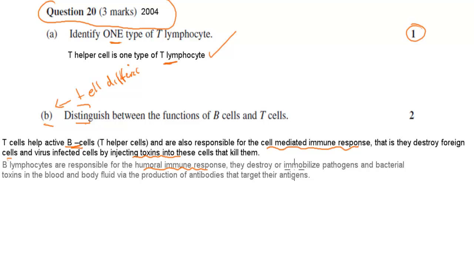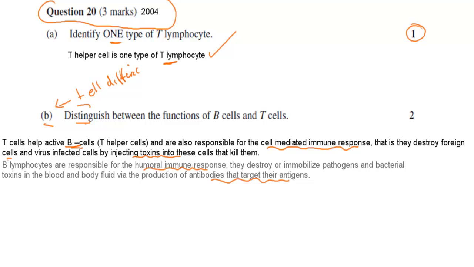They destroy or immobilize pathogens and bacterial toxins in the blood and body fluid by the production of antibodies that target their antigens. So the B lymphocytes produce antibodies, which target antigens in blood, lymph or extracellular fluid, whereas T cells directly kill other cells, especially virus-infected cells or transplanted cells, by injecting toxins into them.